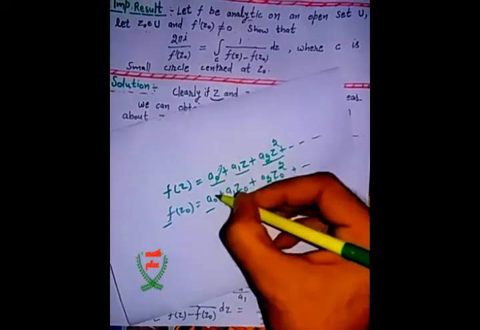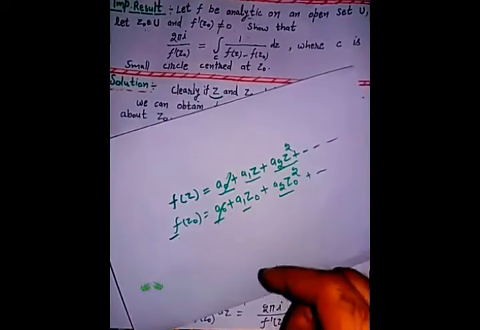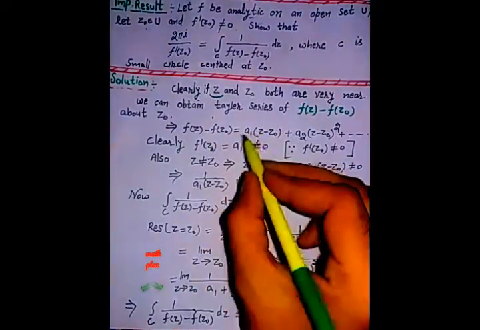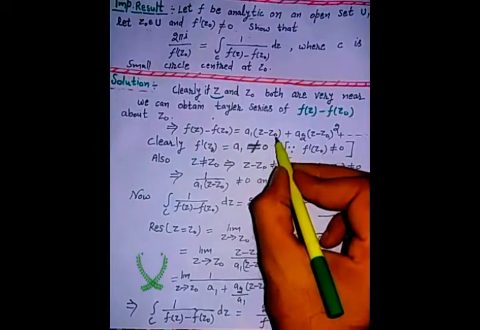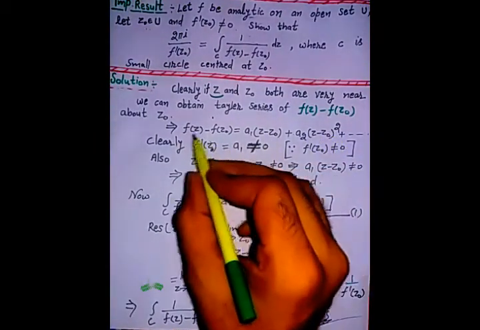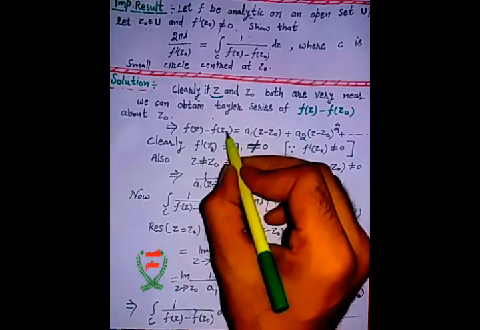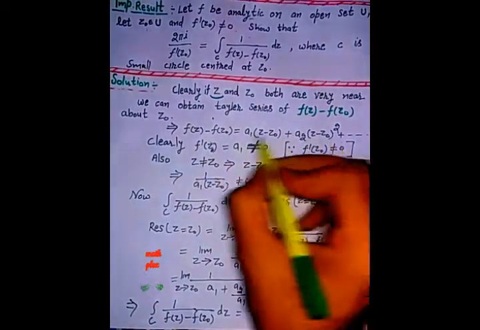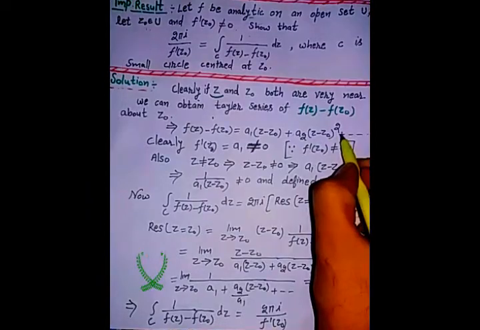Then a0 cancels with a0 and we get the result a1 (z minus z0), a2 (z minus z0) squared. So we have the value f(z) minus f(z0) in terms of series.